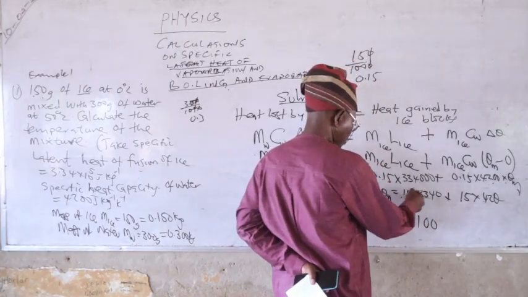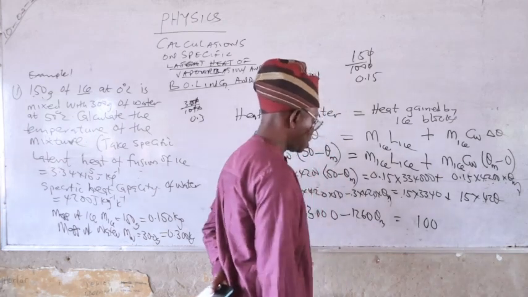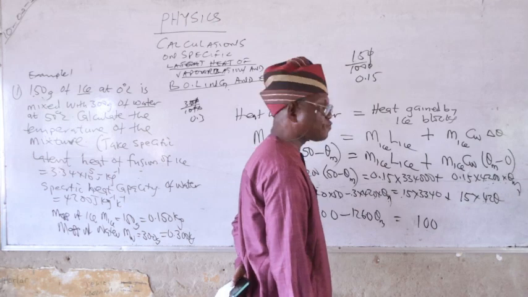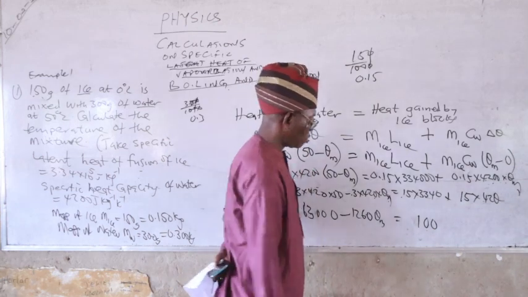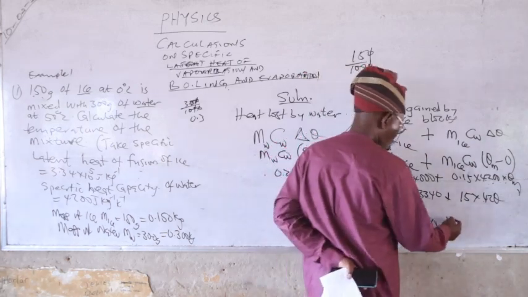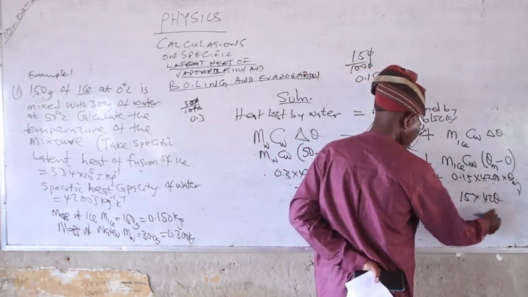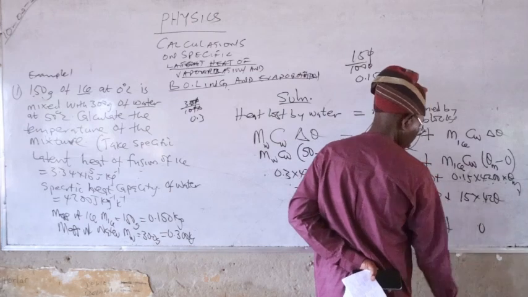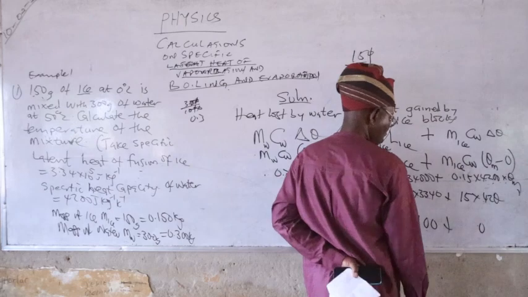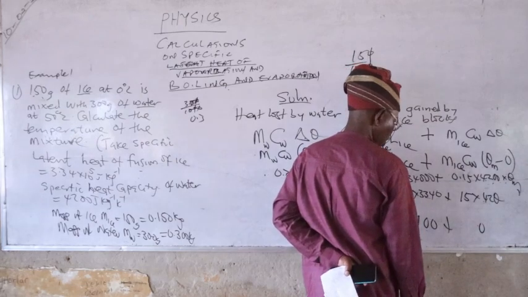Then 15 times 3 again, plus what? Plus 5. 50. So plus, now 15 times 2 here, 30. Remainder 3. 15 times 4 plus 3.